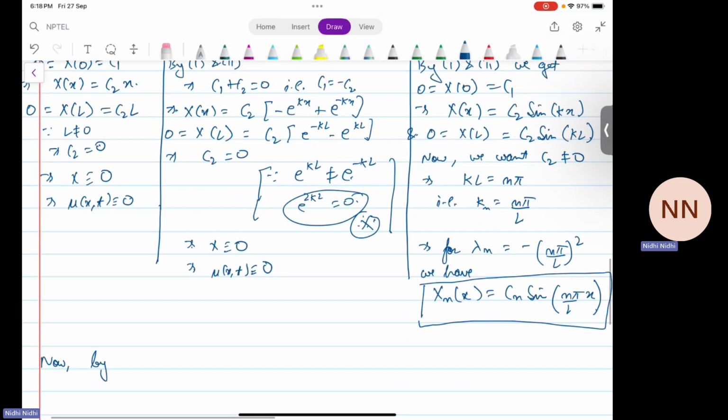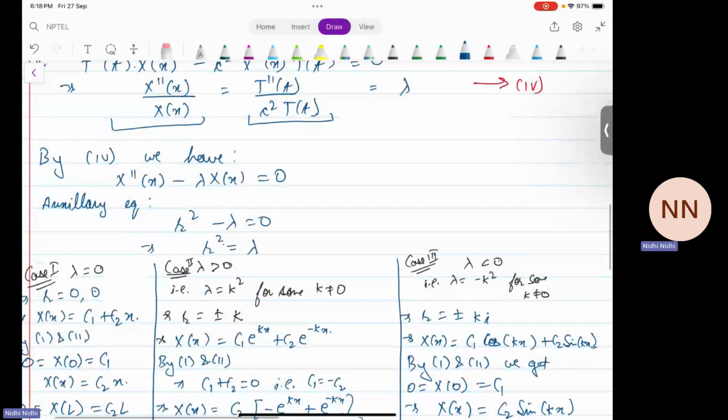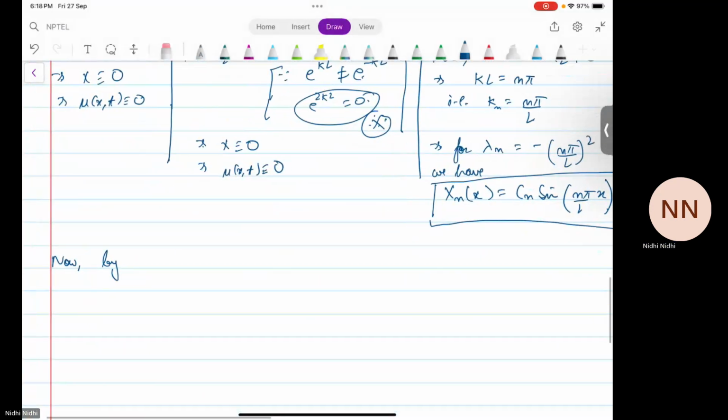Again by equation 4, we have T n double dash minus lambda n c square T n equals 0.